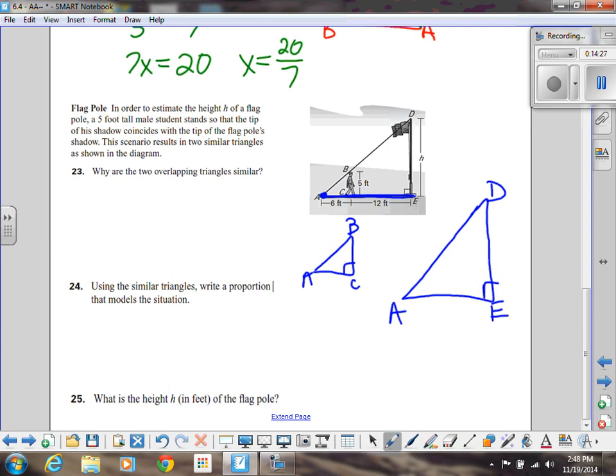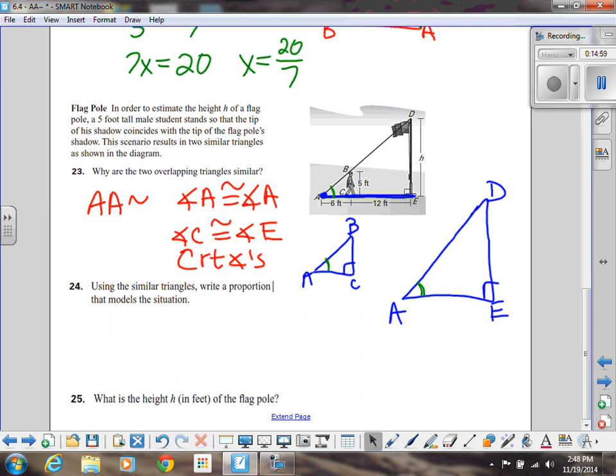And then we also have this angle A that was in both of them. So this angle A is congruent to that angle A. So we know these are similar triangles because of the AA similarity theorem, because angle A is congruent to itself, and because angle C is congruent to angle E. Those were both right angles.